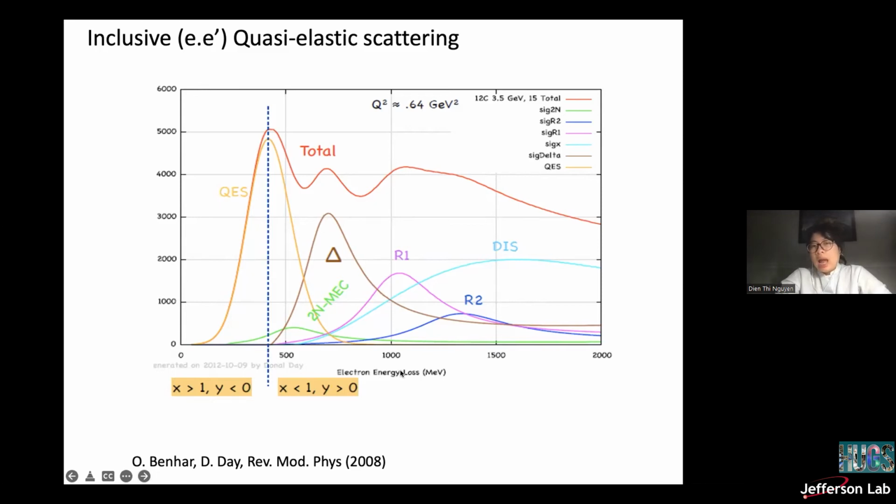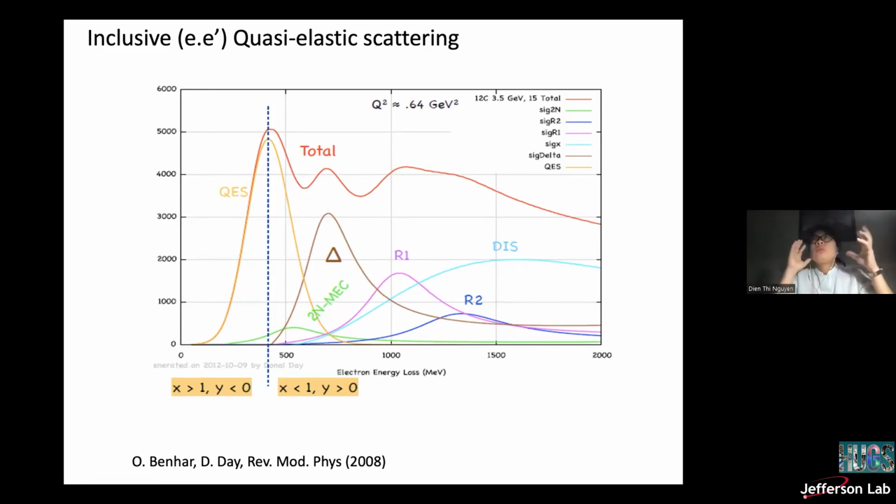But at high energy transfer, we have other processes coming in too, like the delta, different resonances, and we also have DIS. So what we really measure in the experiment is the total cross section, a mixing of quasi-elastic, different types of resonances, and DIS events. That is why at high energy transfer, what you see in the data is not purely quasi-elastic anymore.